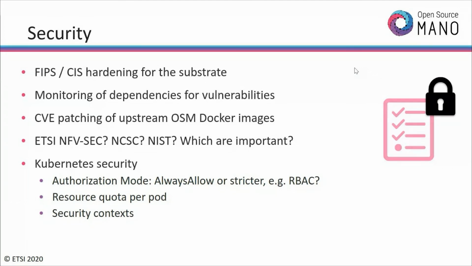This is another way that we also use in our Canonical distribution to address vulnerabilities of the entire Docker image. So I think this is also something really important that the community should consider having upstream as well.